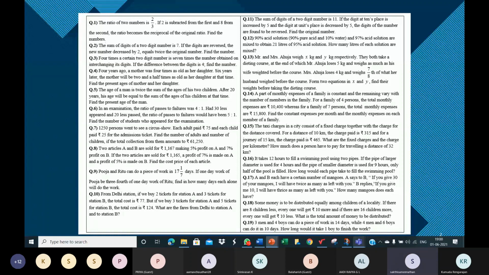Is it minus 40 and minus 60? Minus 40 and minus 60. Just check if your answer works for the conditions given in the question.